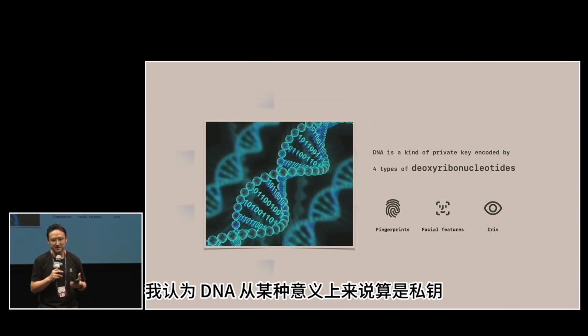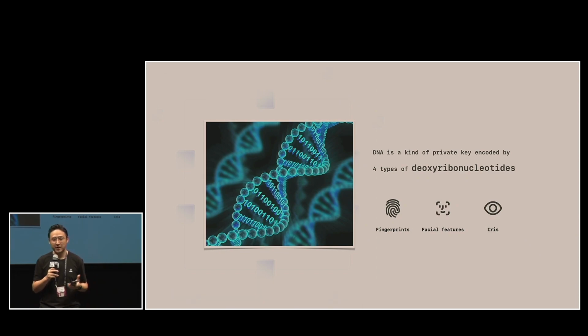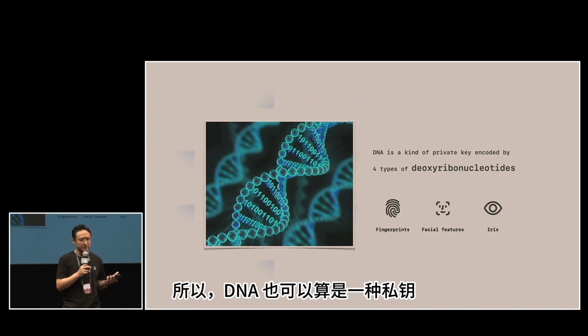I think DNA is a kind of private key encoded by four types of deoxyribonucleotides, right? Can you imagine how hard it was for me to read this word? It's too long for me, because I'm a Chinese guy, you know. So DNA is a kind of private key.